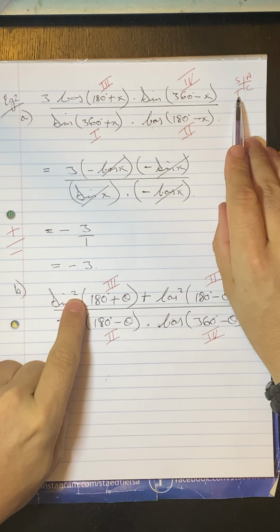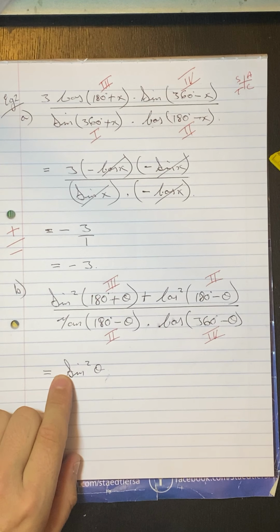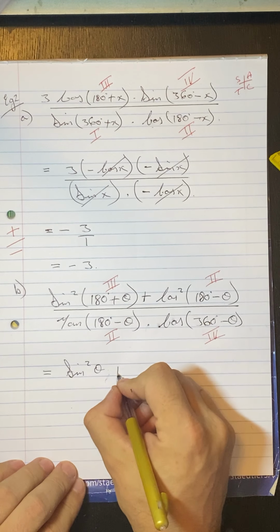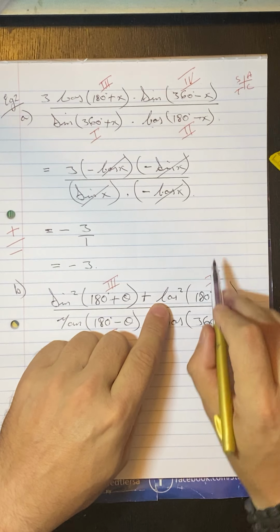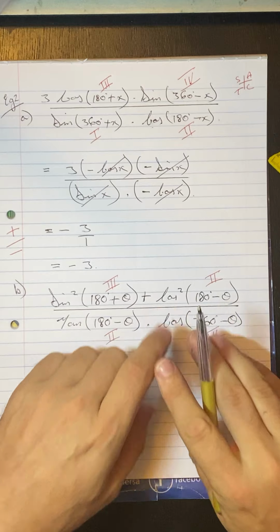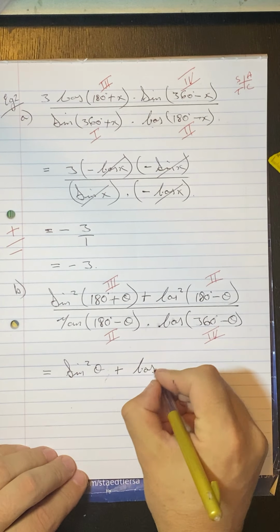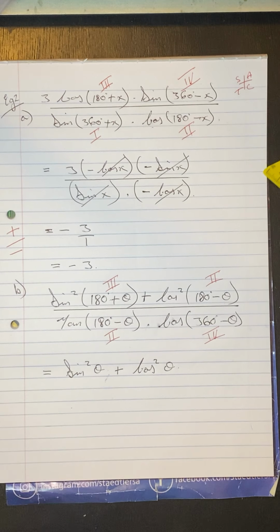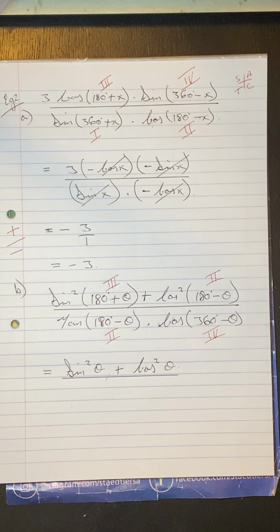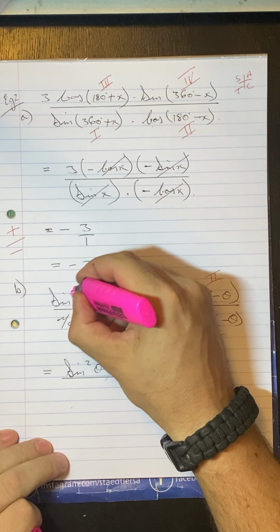And that is why I'm going to leave this as sine squared theta and not put the negative in the front, just because the squared will turn it into a positive. Okay, plus cos in the second is negative, but again, we have the squared. So a negative squared will give us a positive. So this will stay as cos squared theta. Okay, over. So maybe let me just highlight that, guys. Because we got the squared, they will still be positive.